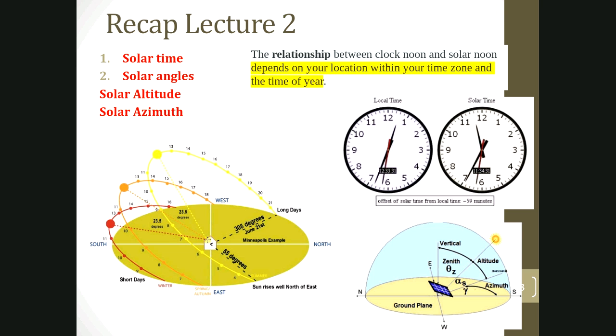So when we find these two points, the longitude correction and the time correction, and we add them to the local time, we can find exactly the solar time. The importance of solar time is that we care more about the solar noon, where we can obtain the maximum solar radiation.